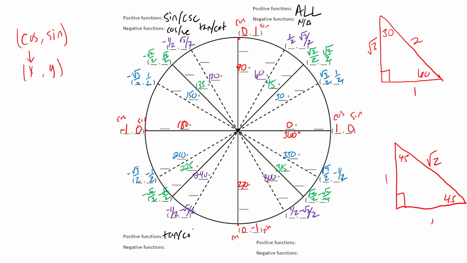Tangent and cotangent. And therefore, sine and cosecant are negative, and cosine and secant are negative. And then in quadrant 4, what's positive? Cosine and secant. And therefore, our sine and cosecant are negative, and our tan and cotangent values are going to be negative. As we keep going, we're going to end up filling in the last blank, which are called radians. We're just not there yet.